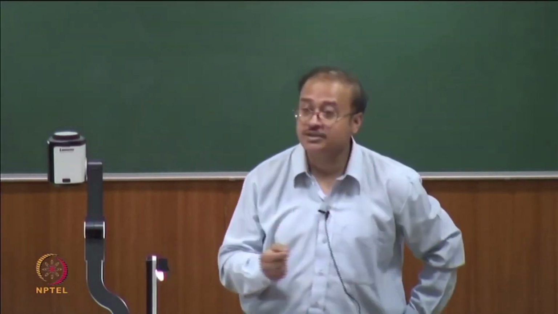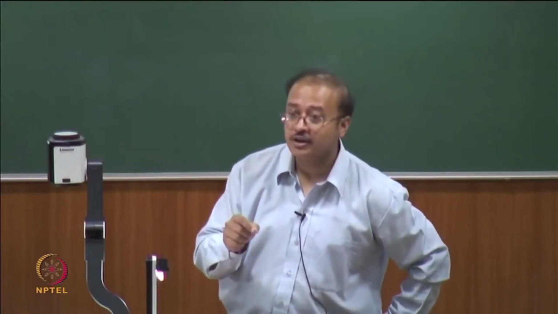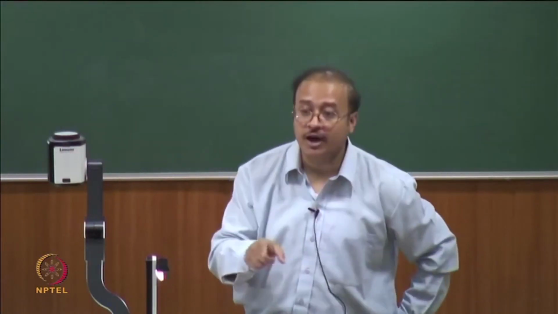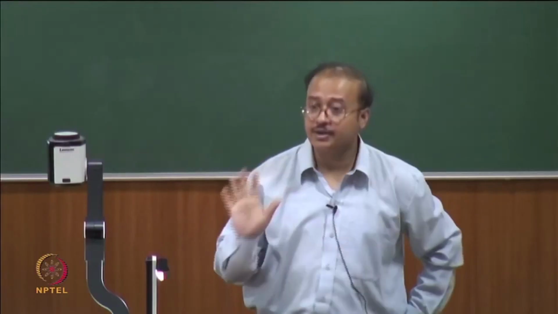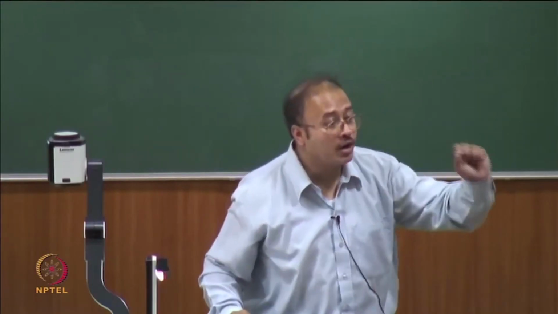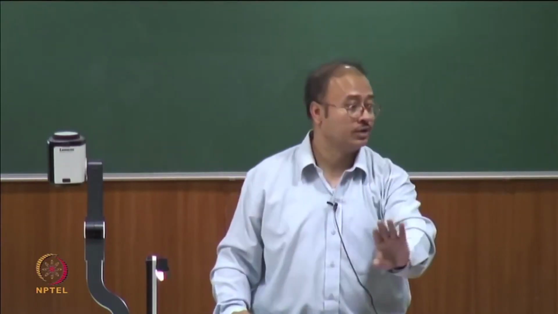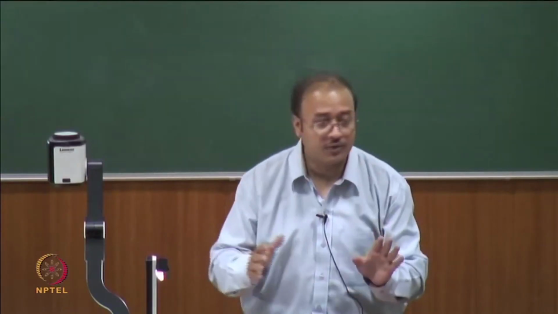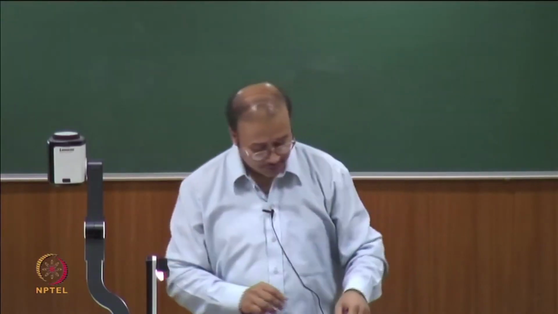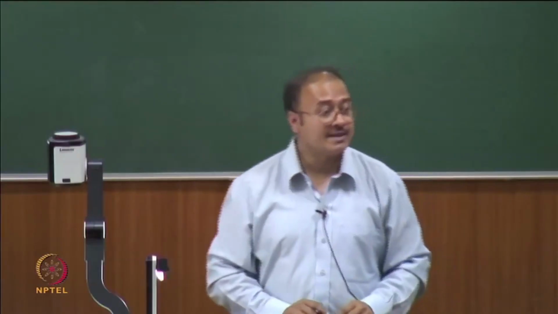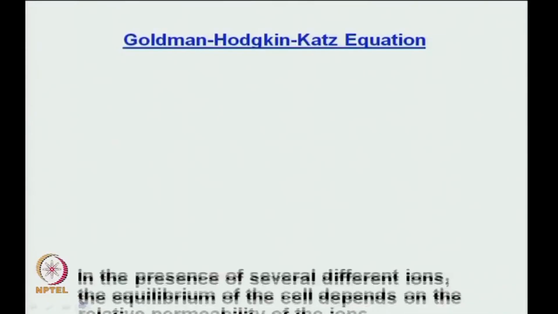Your equation should have the permeability of the respective ion through the membrane, as simple as that. You have to account for the extent to which the membrane allows it to go through at any given time. This is what the three scientists, Goldman, Hodgkin and Katz, developed.